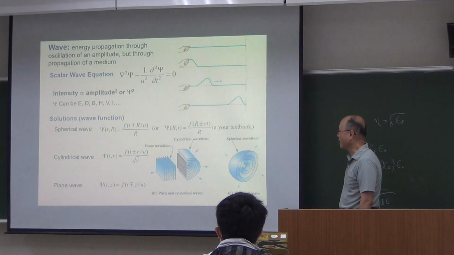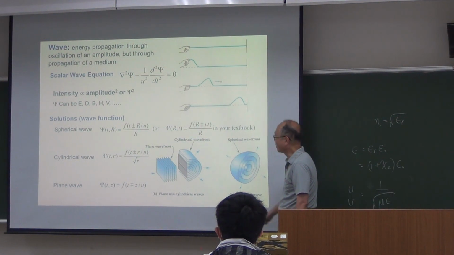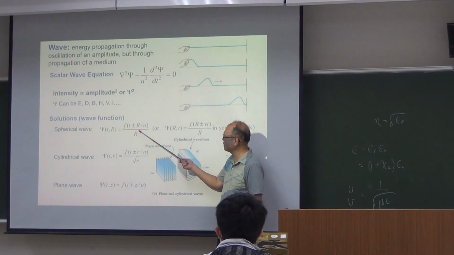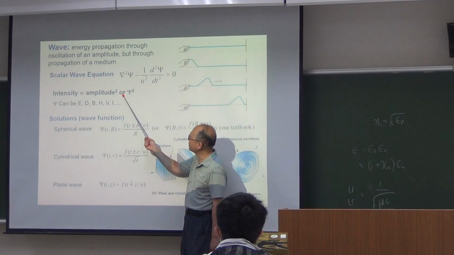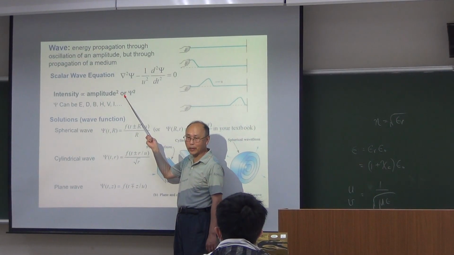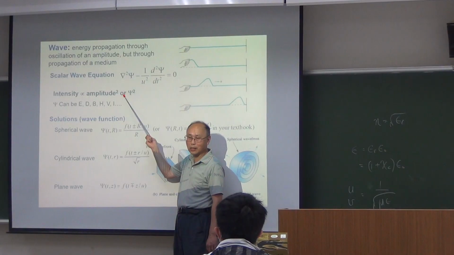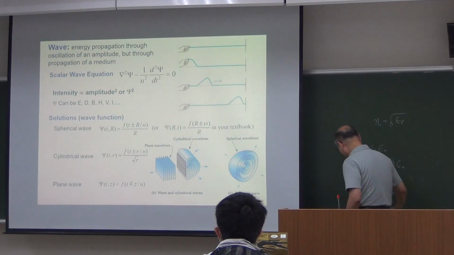And for spherical wave, the solution of the wave function is further divided by r. Why? The intensity of the wave depends on the square of the amplitude. What do we mean by intensity?